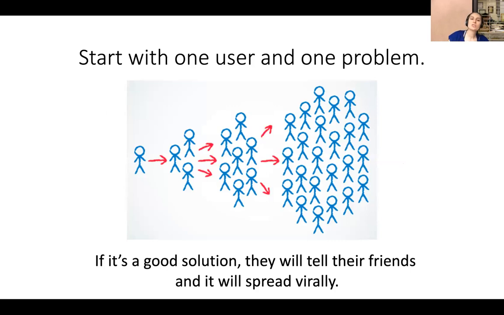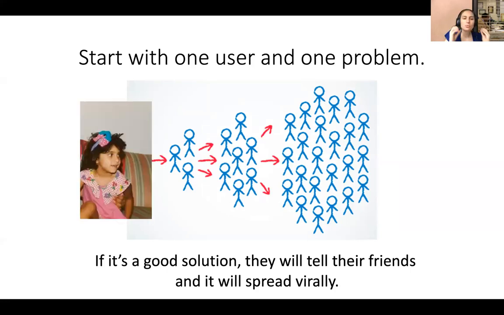And if that solution is genuinely good, they will tell their friends and it will spread virally. This is how you get a billion users, by starting with 1 person who gives it to 3 people, who each give it to 3 people until you've got everyone on the planet. This is how pyramid schemes work. This is how businesses travel. This is how rumors travel. It's called Zipf distribution. It works. This is like a literal law of nature.